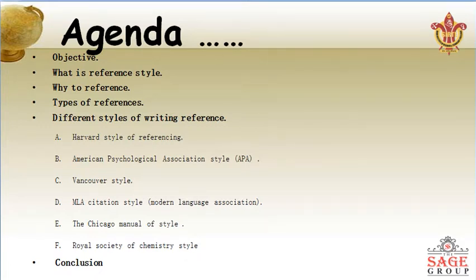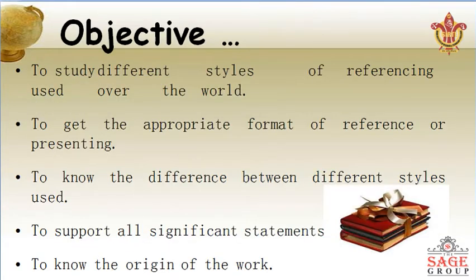and of course the conclusion. So, objective: to study different styles of referencing used over the world, to get the appropriate format of reference for presenting, to know the difference between different styles used, to support all significant statements, and to know the origin of work. For any type of technical study or any work which has to be conducted, we need to know what previous work has been done in that field.